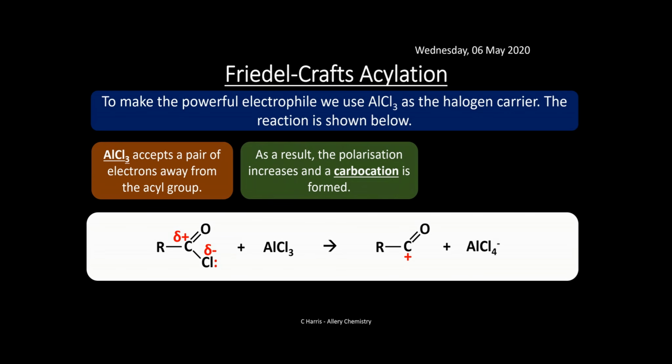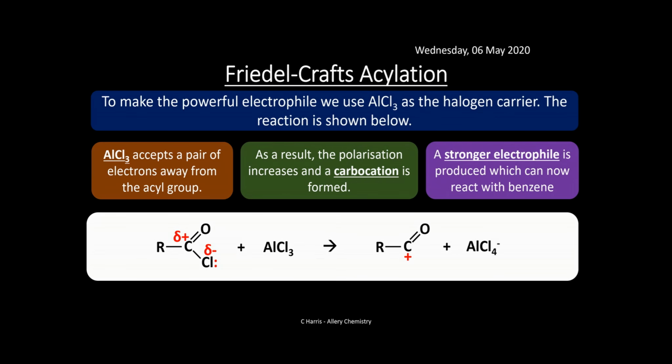So what happens is we get polarization. As a result, the polarization increases and a carbocation is formed. The chlorine now moves onto the AlCl4, and we now have a carbon which is heavily deficient in electrons, and it actually has a positive charge. It's not just a delta positive, it is a fully blown positive charge. It's a carbocation. Now that is a lot more powerful, and that means it will be able to react with benzene quite readily. So that's the first step.